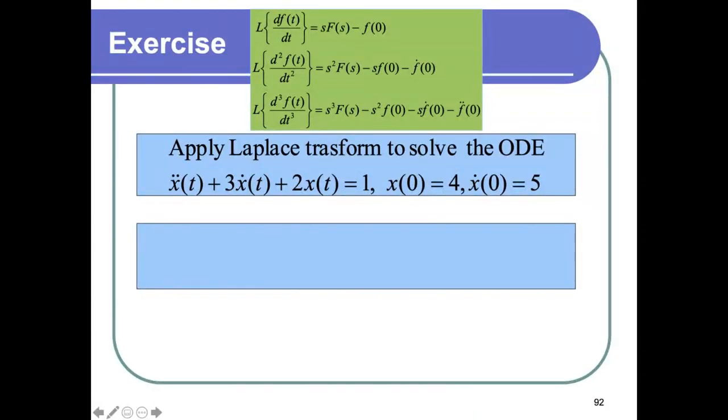Can you guys do it? All right. So how much time do you need? 5 minutes? Do you think it's enough? Okay, do you want me to write the procedure too as a hint?